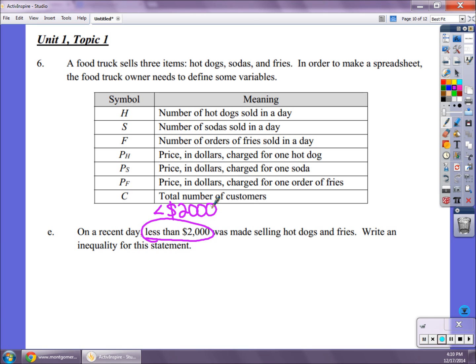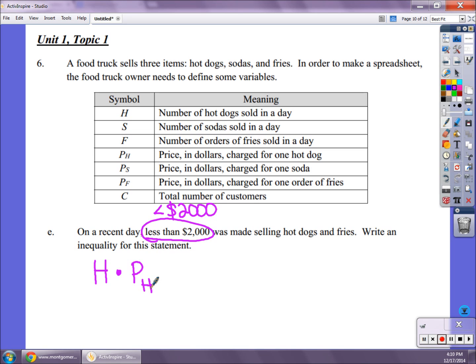So we have to think back up to letter A. In order to deal with money, we have to know how many of each type of item we sold. So in order to find the price of hot dogs sold, we're going to need to multiply H times the price of H. That represents the total number of hot dogs times the price of each hot dog.